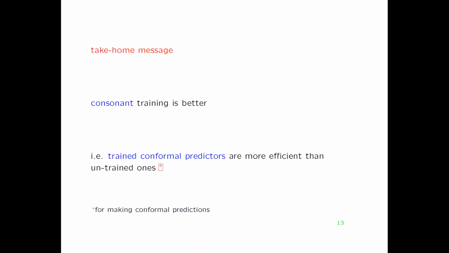If you test it on a different task, then you get worse performance. But since it looks like people are interested in making conformal prediction instead of pointwise prediction, our suggestion is to train the conformal predictor instead of using untrained ones if your goal is to make conformal prediction.